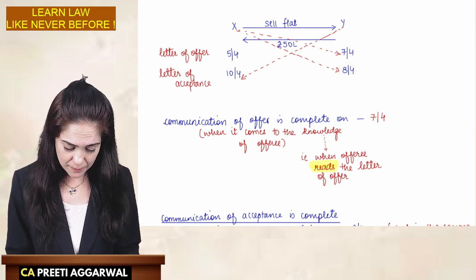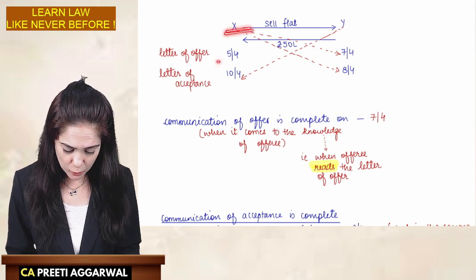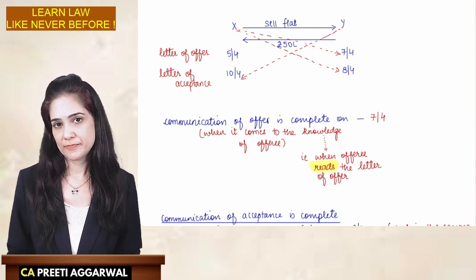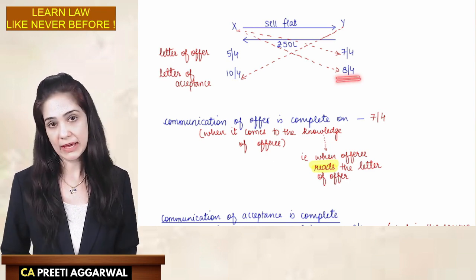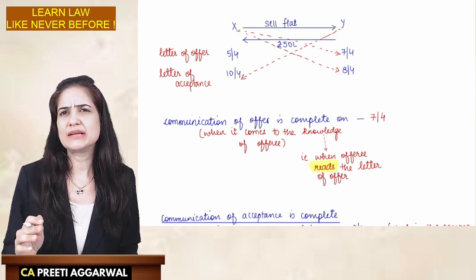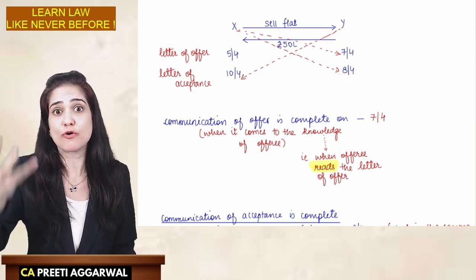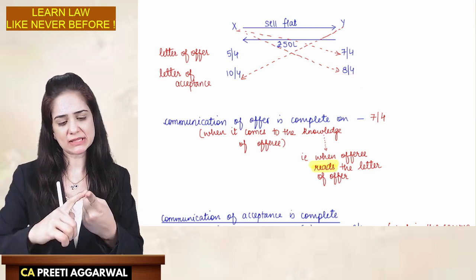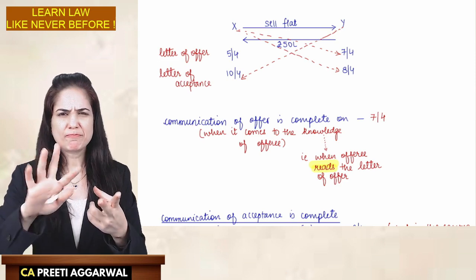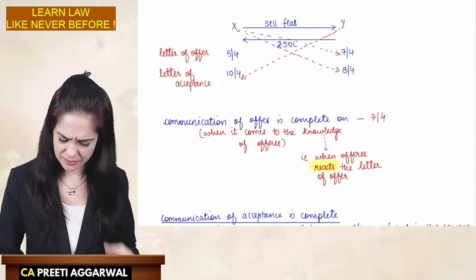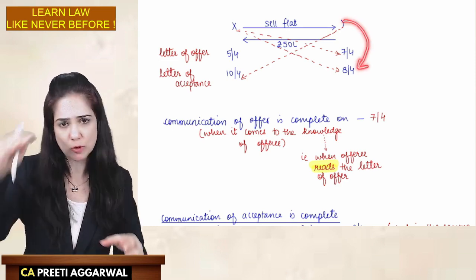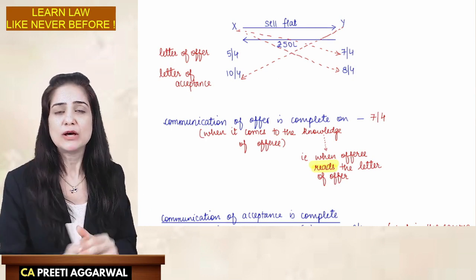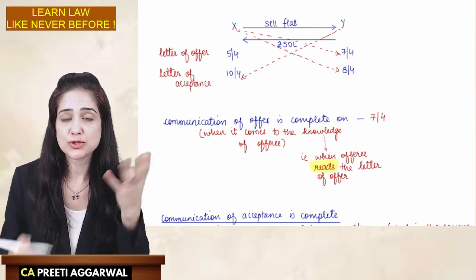Now, X posted the letter of offer on 5th and he is bound on 8th. It means that if he decides to revoke the offer, he can do so any time before 8th. So technically he has 6th, 7th, and partly 8th, before the letter is posted by Y. So technically he has 2.5 days to revoke.